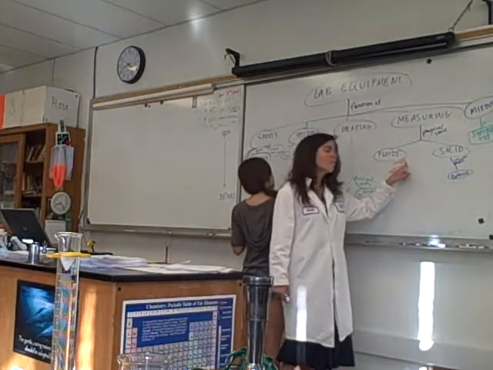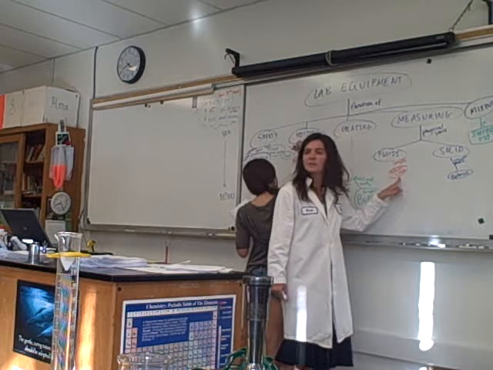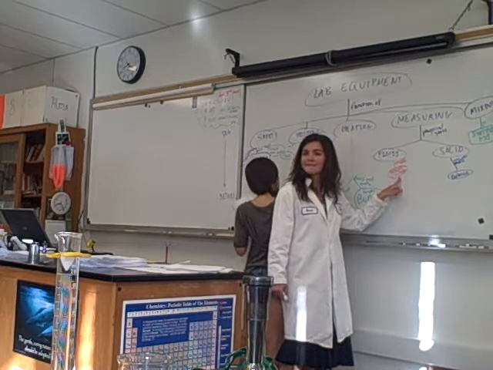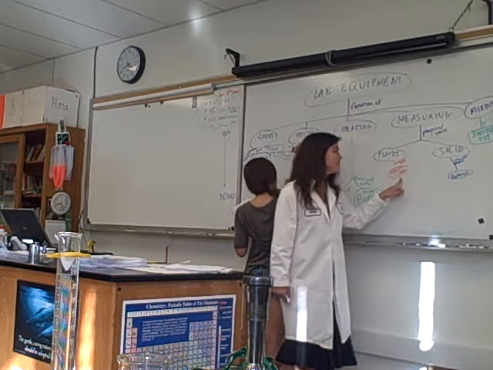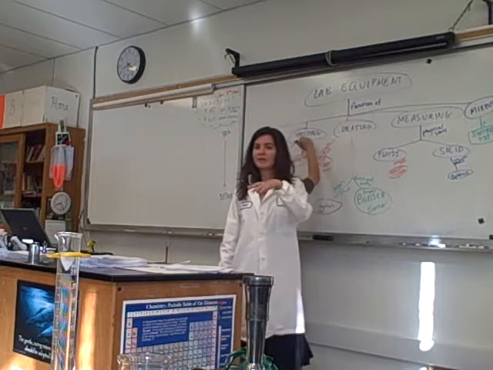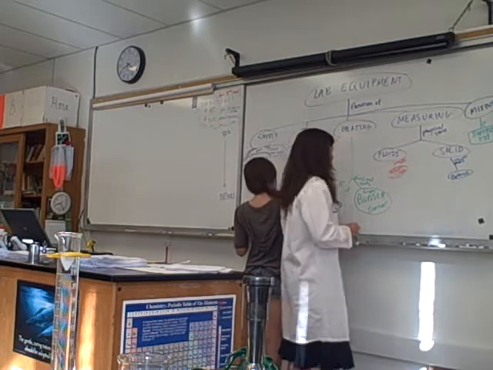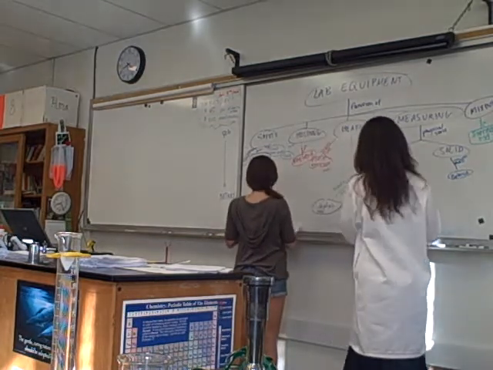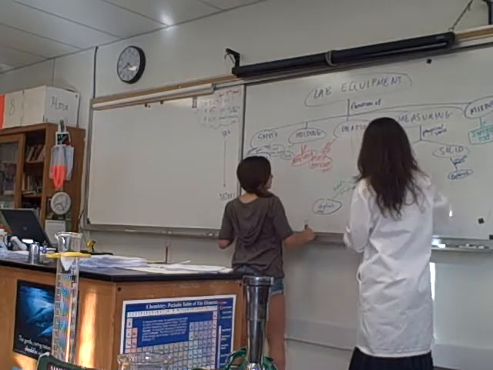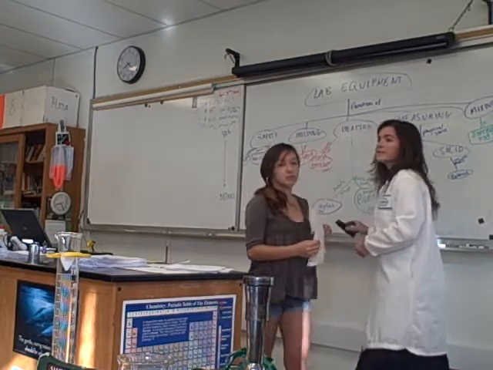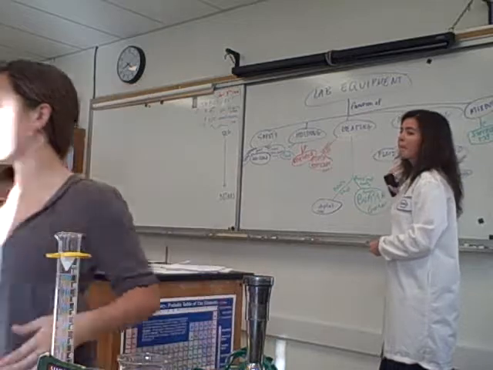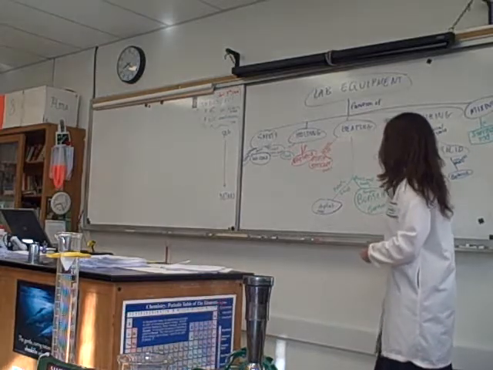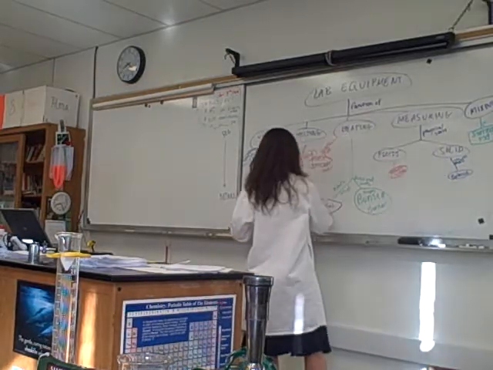This measures what part of the fluid does the graduated cylinder measure? Volume. And then thermometer would measure the temperature. So let's do that. This measures. What's that, Remy? Oh, the H got erased.